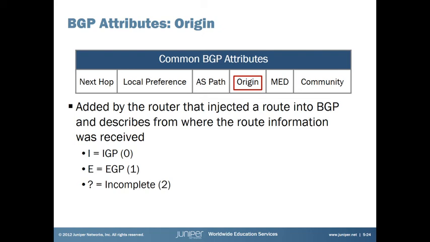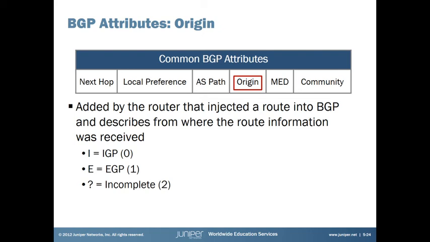Okay, origin, added by the router that injected a route into BGP and described from where the route information was received. So as we said earlier, every BGP route is originated from some other protocol outside of BGP. BGP does not by itself learn any routes.